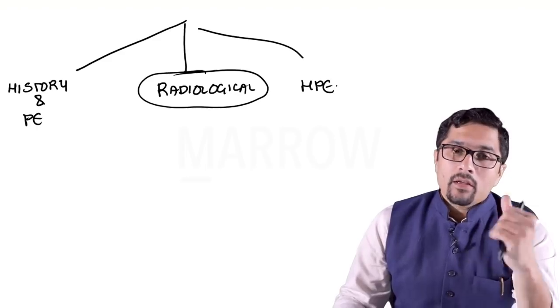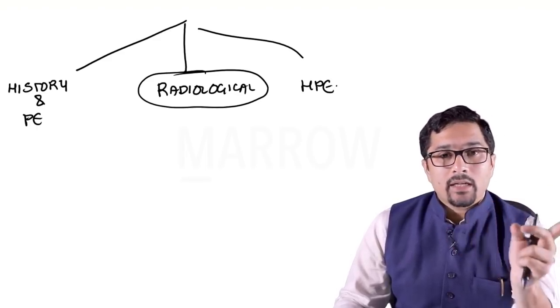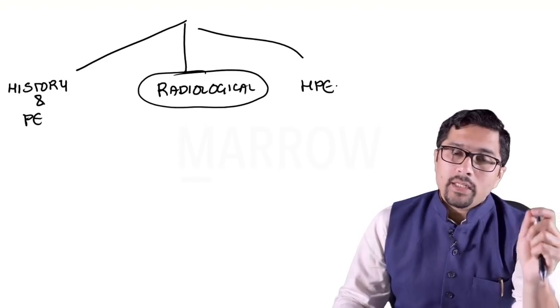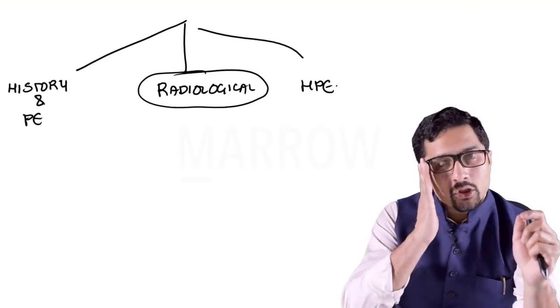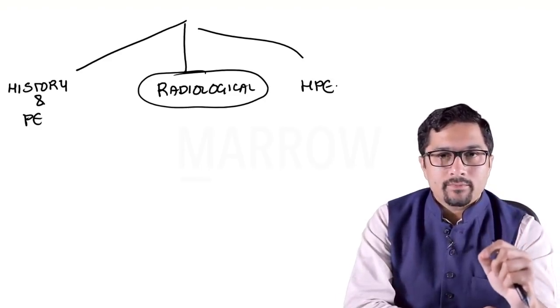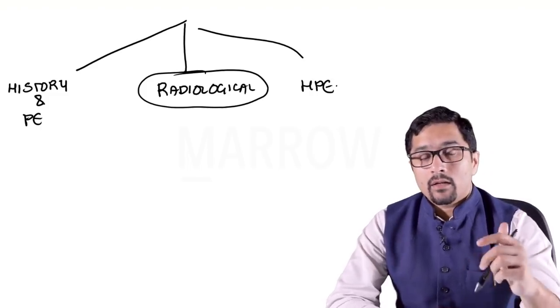And why? Number one reason is so that you can assess both the breasts. And secondly, if you do a needle test or a biopsy, that can induce some amount of hemorrhage, and that can alter the radiological findings later. So these are the two reasons why radiological tests should be done beforehand.